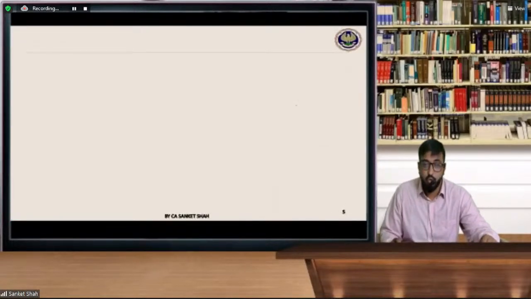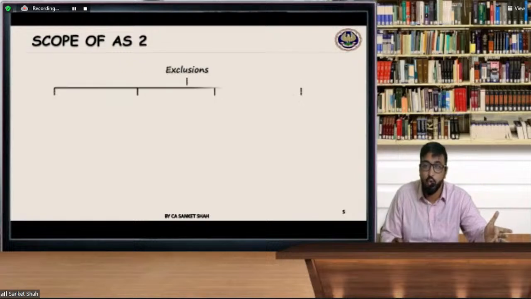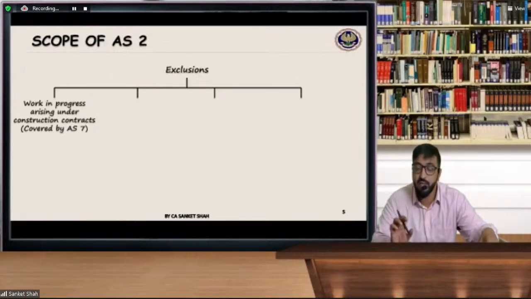Scope of AS 2. Beta, scope means it is included for every inventory but it is excluded, so don't apply this accounting standard, to work in progress, WIP. Work in progress means which is not finished goods, partly semi-finished goods, we call it work in progress.